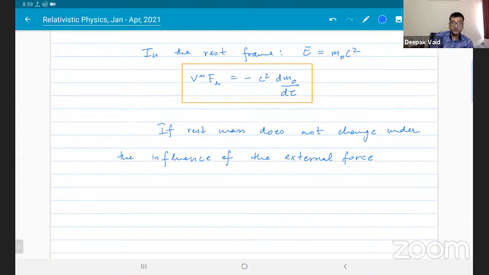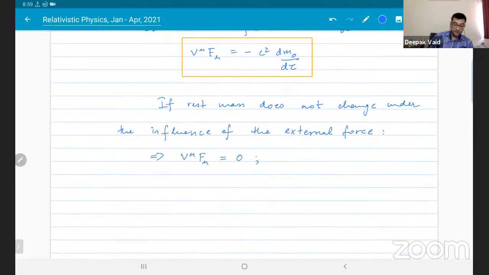Now you could have a force where it affects not only the kinetic energy but also the rest mass. But if the rest mass doesn't change, then you have this relationship that this is zero, because dm by d tau is zero. So such a force is called a pure force.